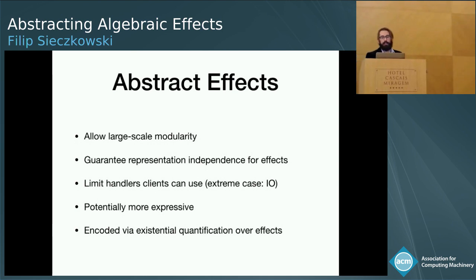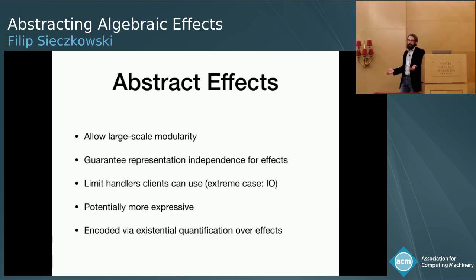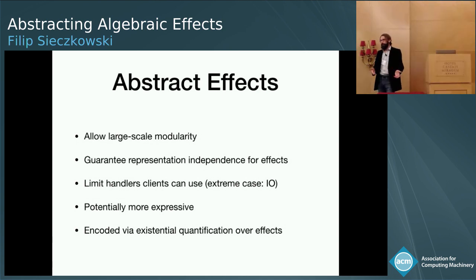It definitely does limit handlers that clients can use. In a certain way, it provides a proper definition for the I/O effect that's used in most of the effectful programming languages, right? Which generally cannot be handled because it's got to be propagated to the runtime system, right?